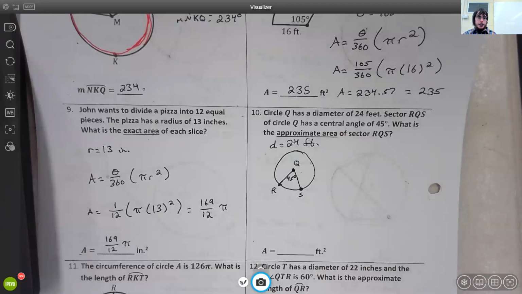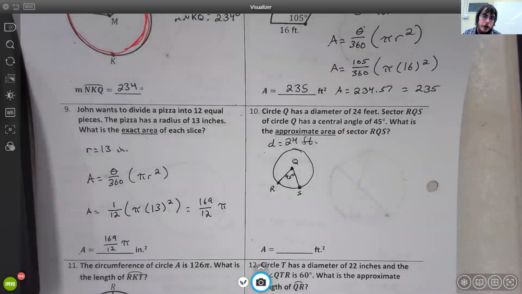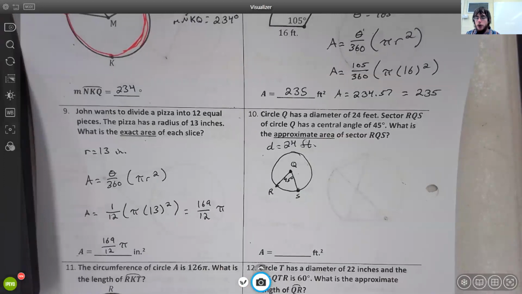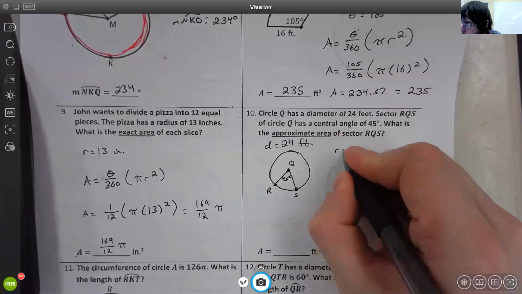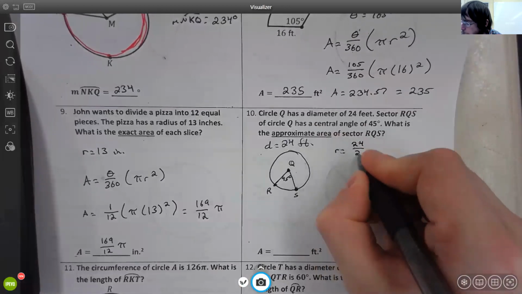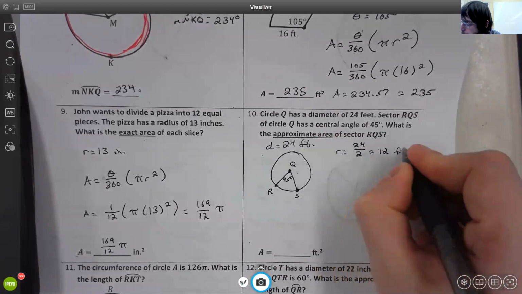So we need two pieces of information: our angle theta and our radius r. Well, in this case, it gives us a diameter. So how do we find the radius when given the diameter? The radius is always half the length of the diameter. So your radius is 24 divided by 2, which is 12 feet.